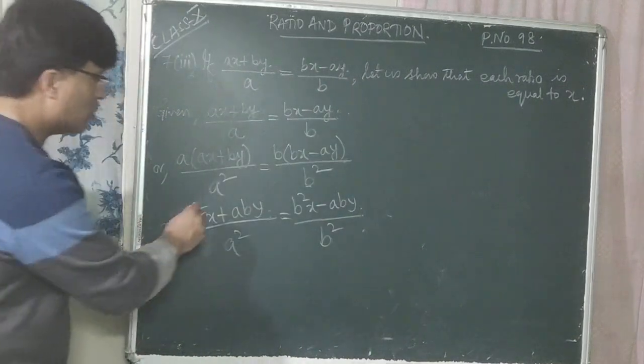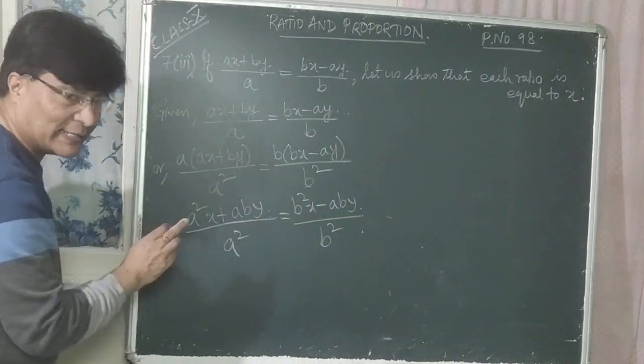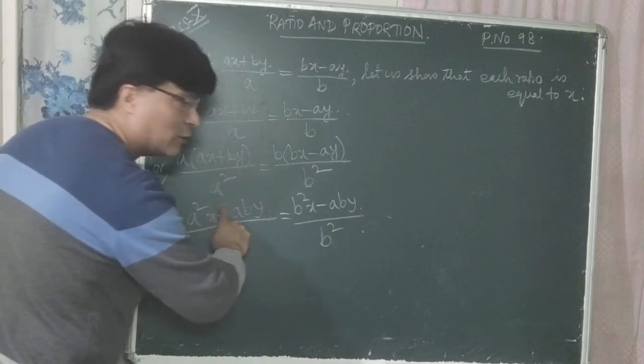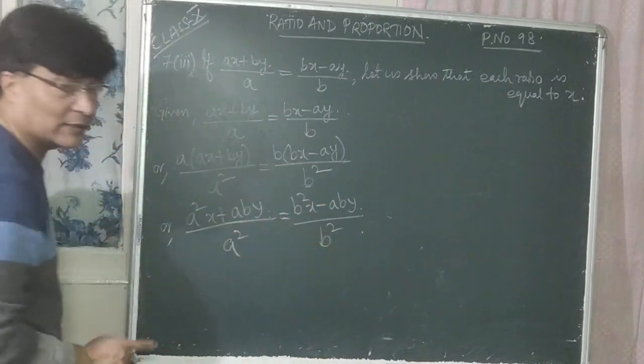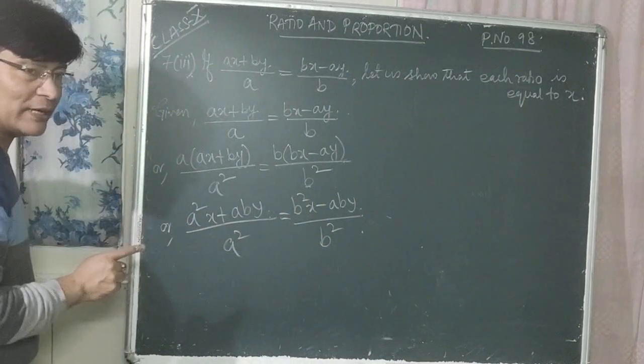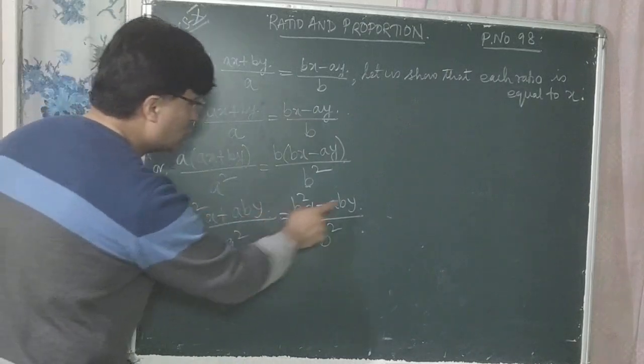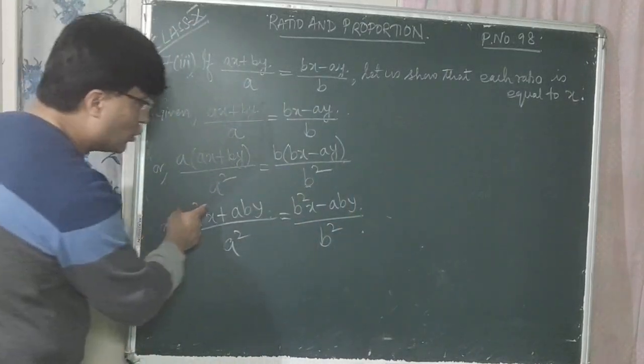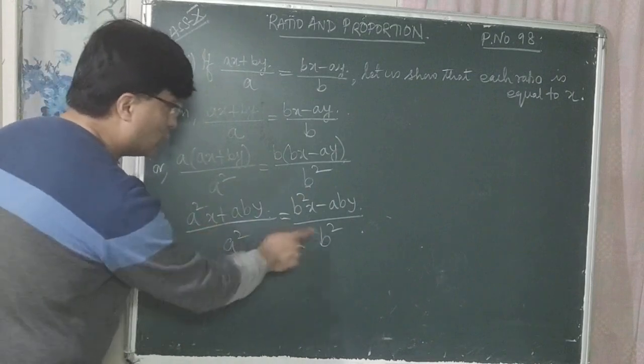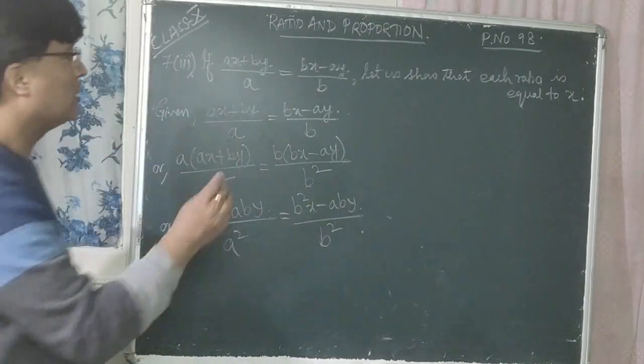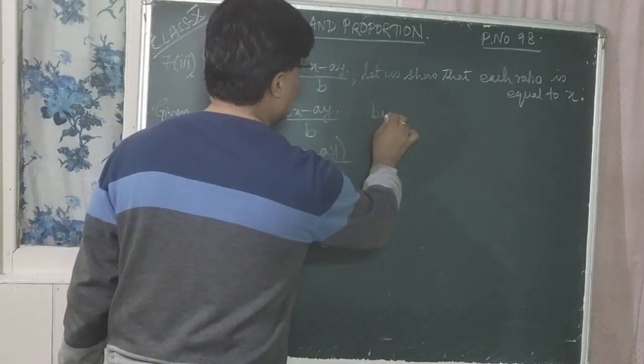By addendo we can add the numerator as well as denominator. That is, each ratio is equal to add those numerators and add those denominators.